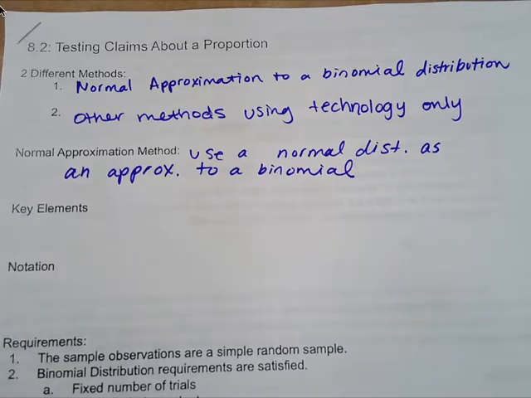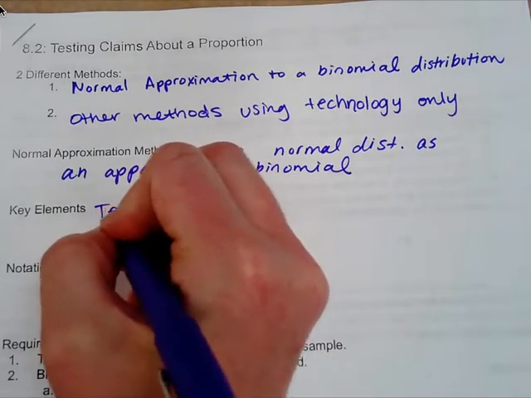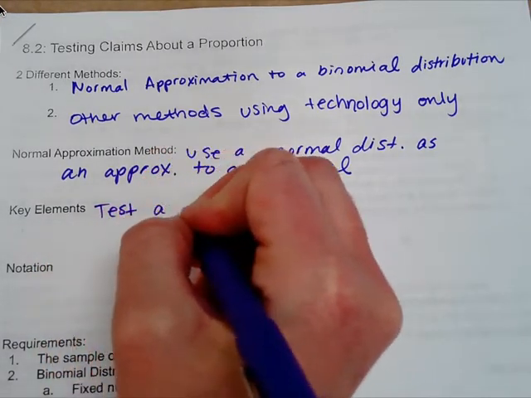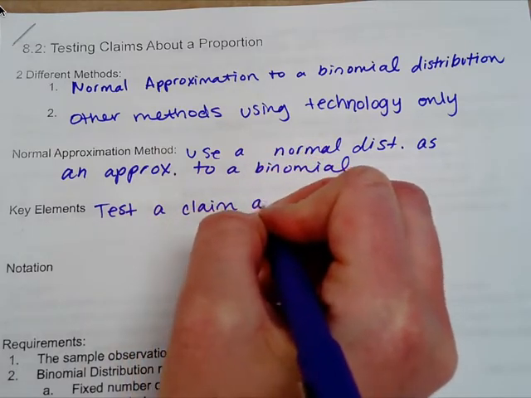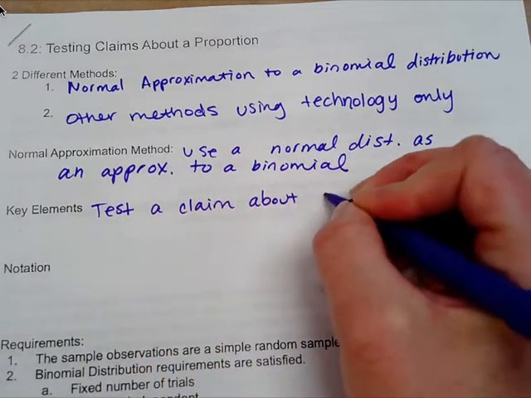Our key element is that we are going to test a claim about a population proportion.